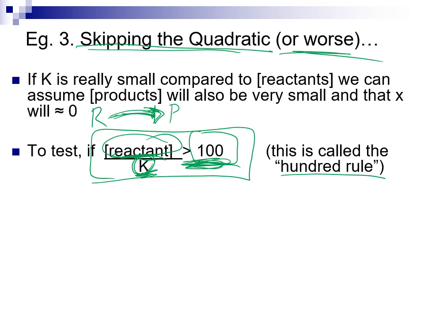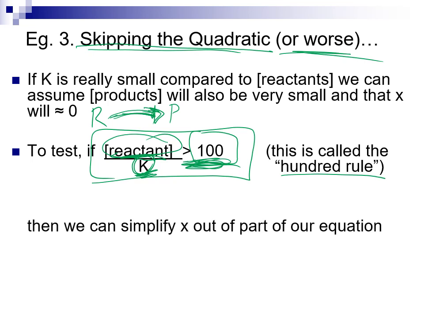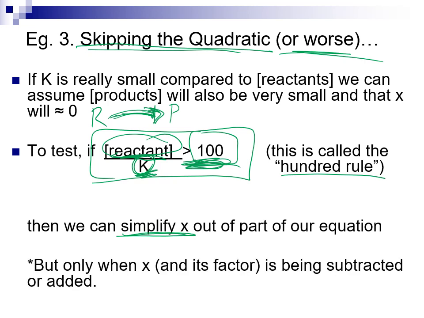So we're going to call this the 100 rule, and we're going to use it as a way of deciding if we can ignore our x value within the ICE table and within our equilibrium expression. If so, again, we can simplify out x, and so maybe it was x to the 16 or something like that. If we can ignore it, it doesn't matter that it's really small, as 16 or otherwise, it can essentially be ignored. Let's see how that looks.